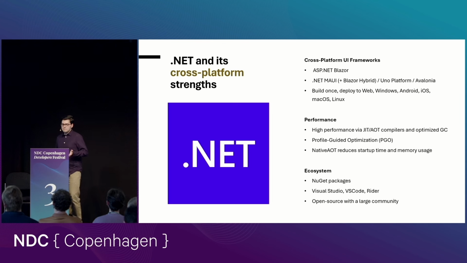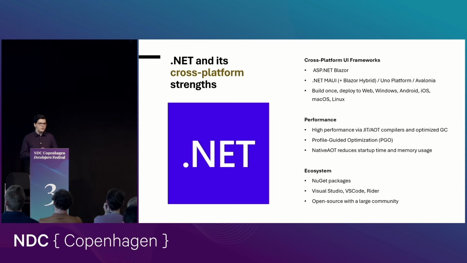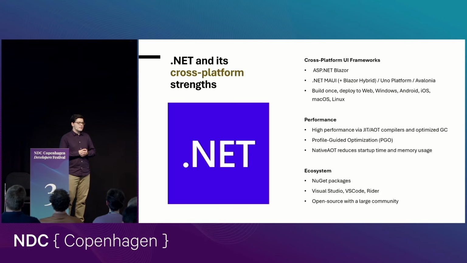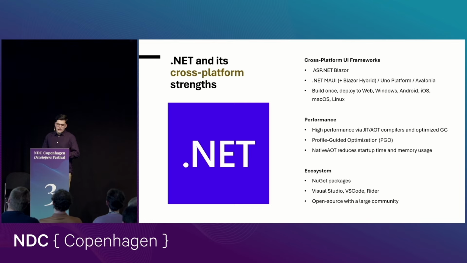As a huge benefit, the team is trying to bring improvements to performance every year. So it's very performant with JIT or AOT compilers and the optimized garbage collection which comes with .NET. There are PGOs, there is native AOT, which reduces the startup time and memory usage quite a bit.